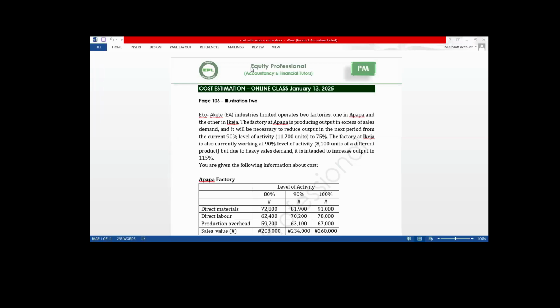So we shall be looking at illustration 2 on page 106. The full material has been shared with the class. So this material is available on the chat. Some are not having the link.